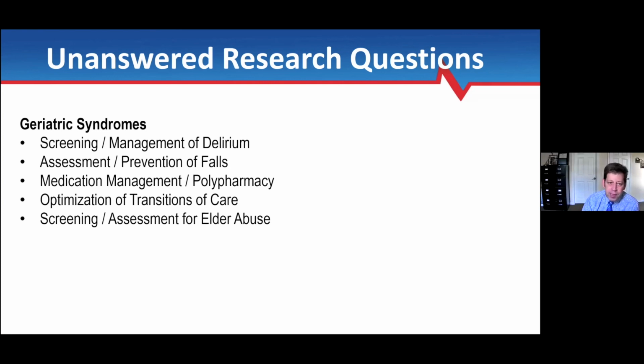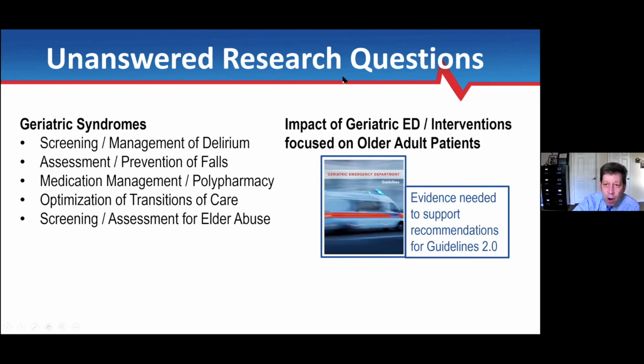Medication management and polypharmacy, optimization of transitions of care, screening and assessment for elder abuse, which may be a smaller topic, but it's an area that I'm particularly interested in. And then also the impact of geriatric ED interventions on older adult patient outcomes.